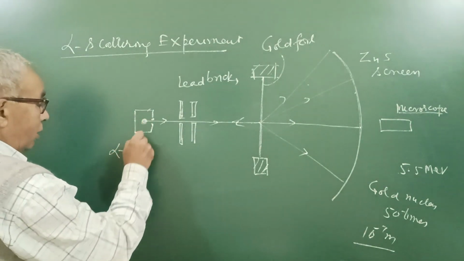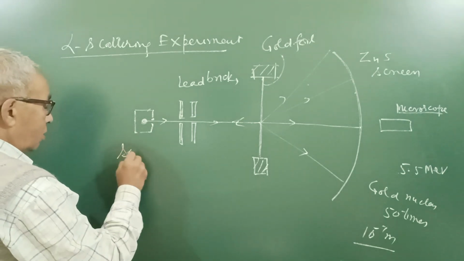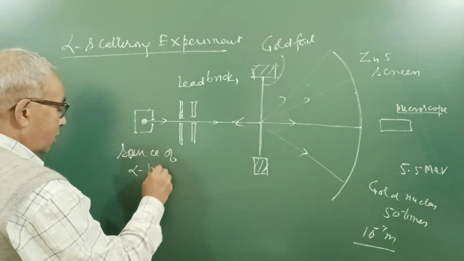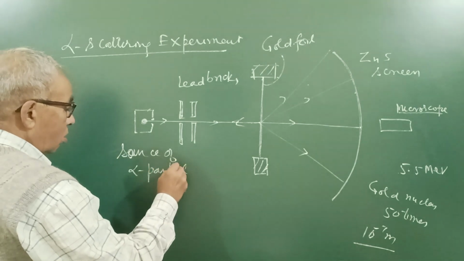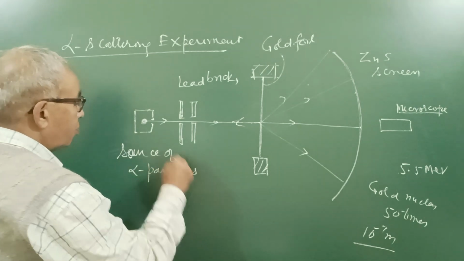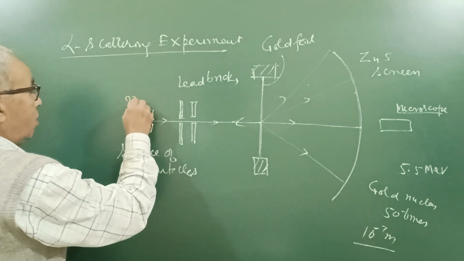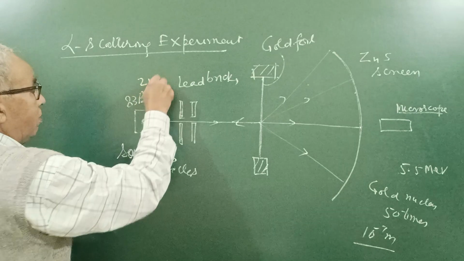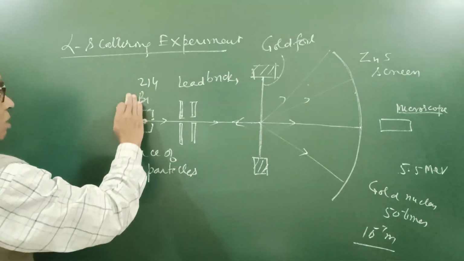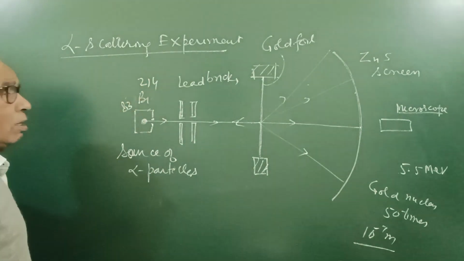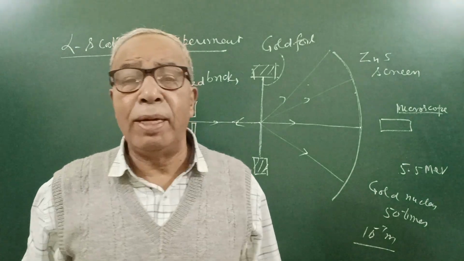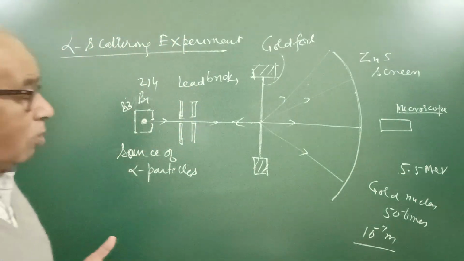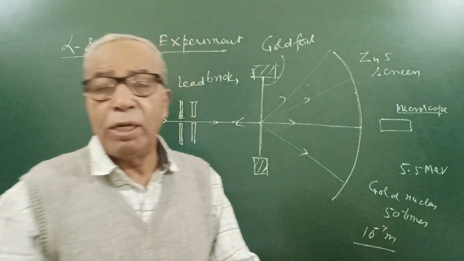This is the source of alpha particles. What is this? 83 Bi 214. Please learn this terminology. Learn the name of the element, its mass number, its atomic number. I told you the atomic number is the number of protons present in the nucleus.